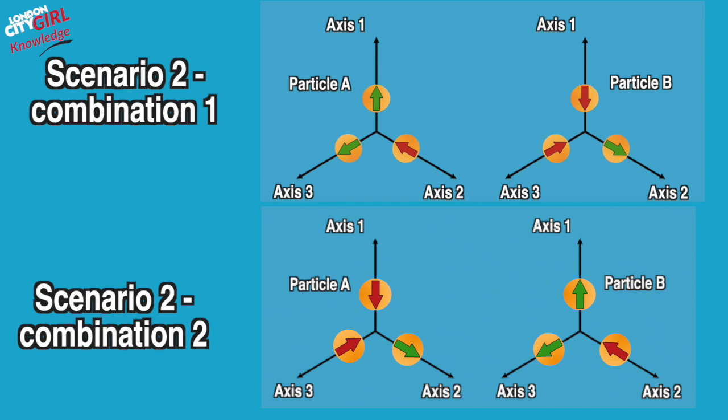But notice something. The combination is just the same as before, but only the particle name is different. We won't go through each combination here, but suffice to say that all possible combinations can be achieved in scenario 2 by changing either the particle name or the axis number.